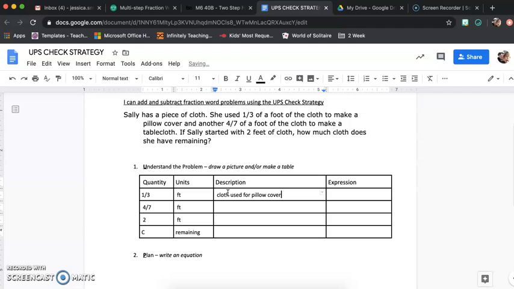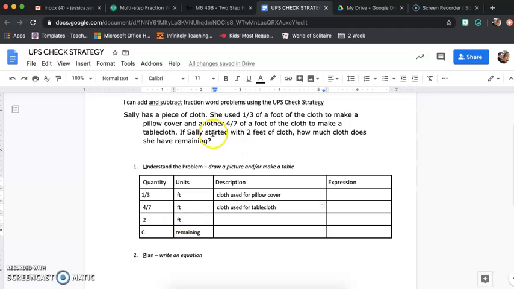And remember, you can be as detailed as you want for that. You can be shorthand. A lot of times when I do it on the board, I just do something shorthand just so I know what that description is. The 4/7 of a foot was what she used to make a tablecloth. So cloth used for a tablecloth.